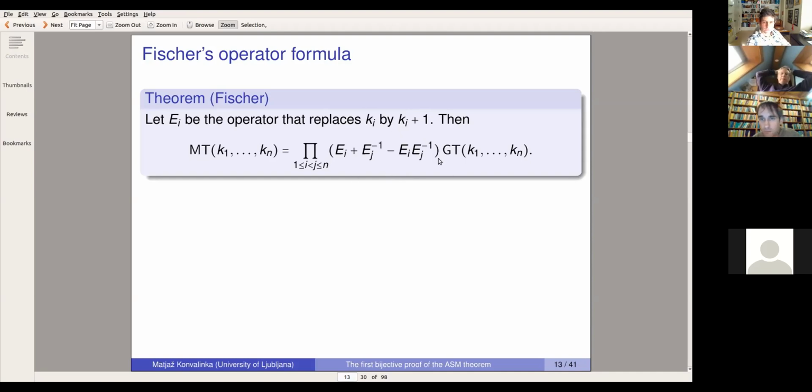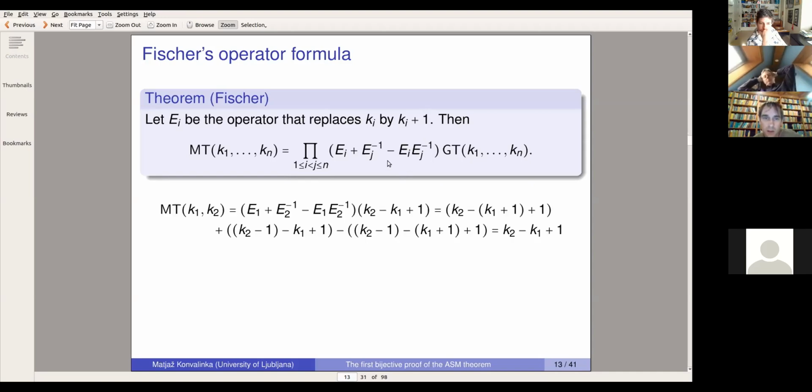And then you take that simple polynomial for GT patterns, and for every choice of i less than j, right, there's a lot of choices, n choose 2, you pick either E_i, which means you're going to increase k_i by 1, or you pick E_j to the minus 1, so that means you're going to decrease k_j by 1, or you're going to do both, but with a minus sign.